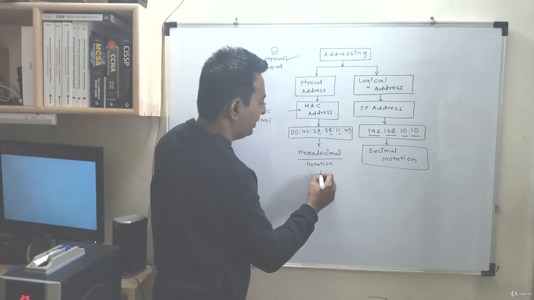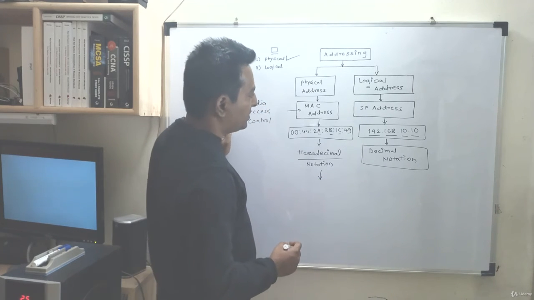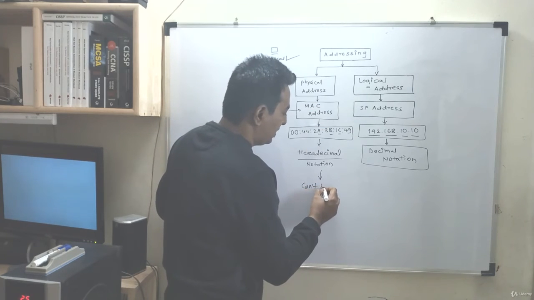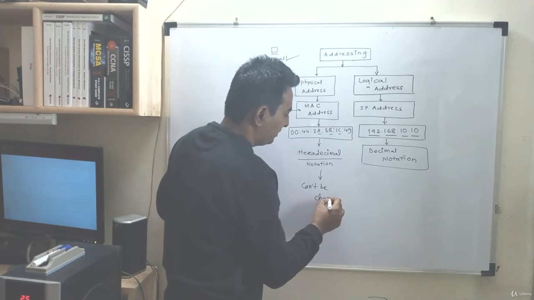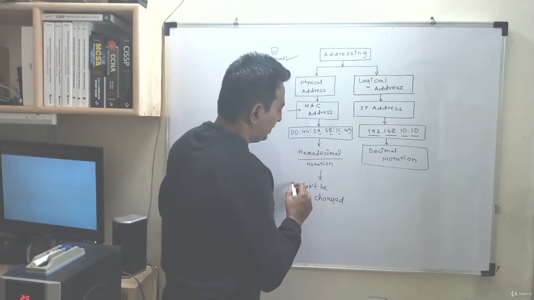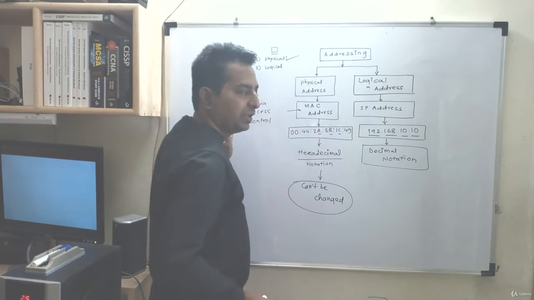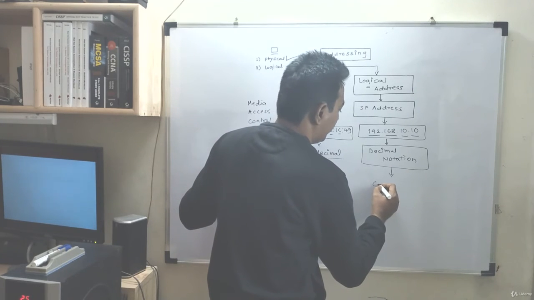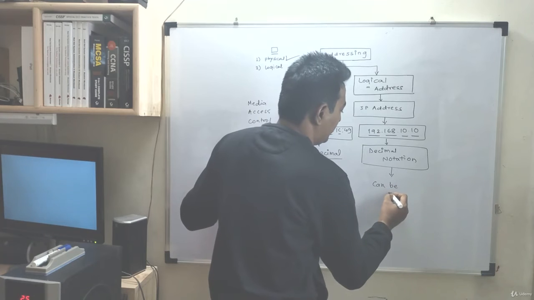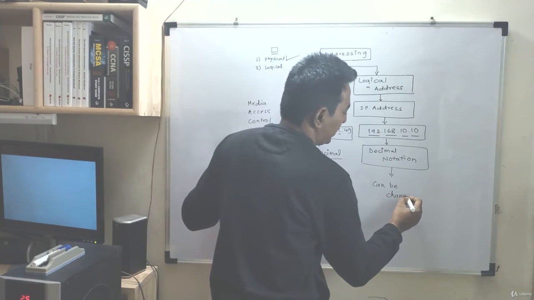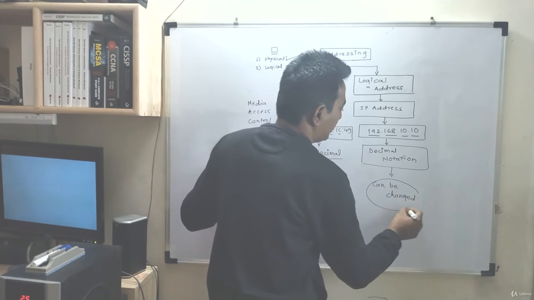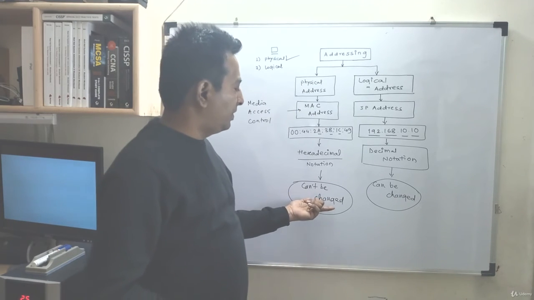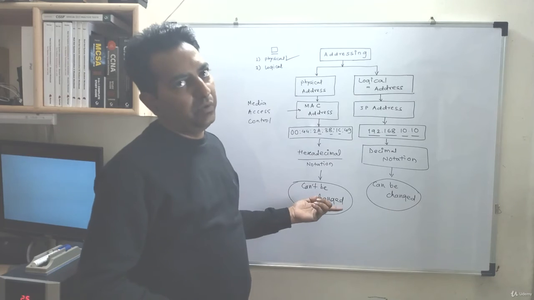Another important point you have understood is that the physical address can't be changed, but the IP address can be changed. When I say it cannot be changed, I mean by the end user.